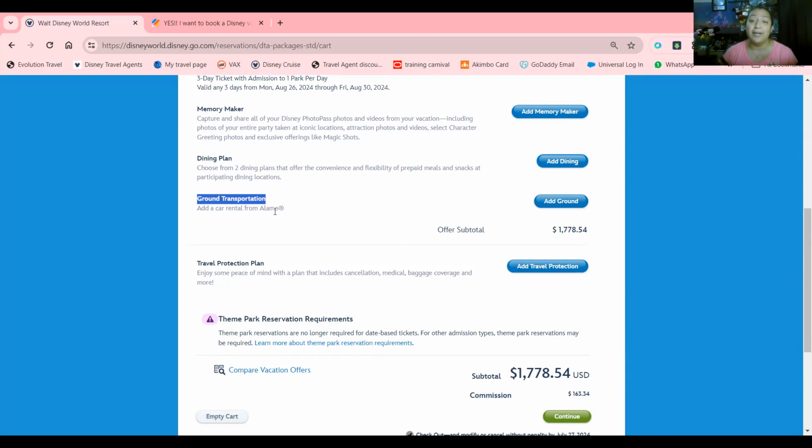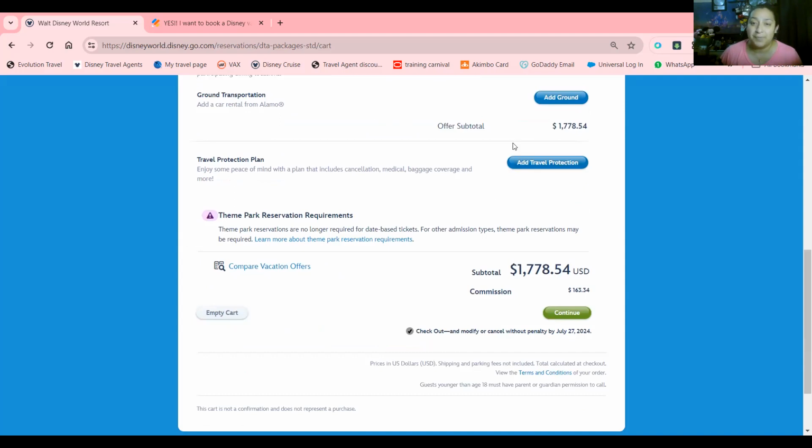There is ground transportation, but this is like rent a car, which, no. So please know that there is no longer free transportation from the airport to the resort or from the resort to the airport. But staying inside the resort, you do have transportation in the shuttles to go for free to the parks. Okay, it's just not from the airport to the resort. All right.